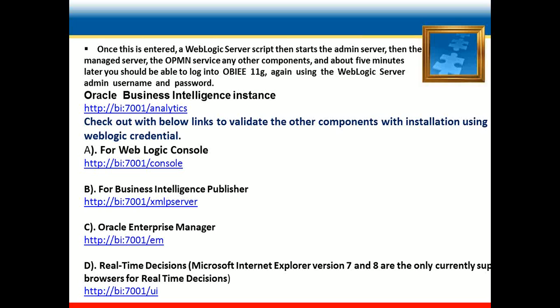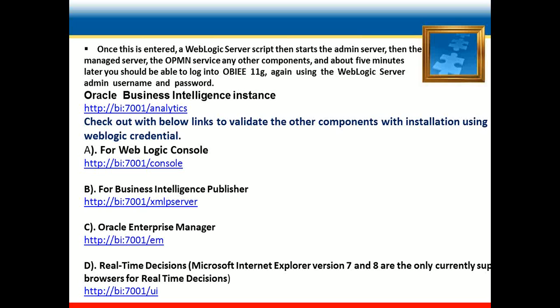we can log into BI 11g using the WebLogic username and password. We can check our Oracle Business Intelligence with the BI Analytics login, with the URL like this: HTTP, the server name, and the port of the WebLogic server, which is 7001, and analytics.